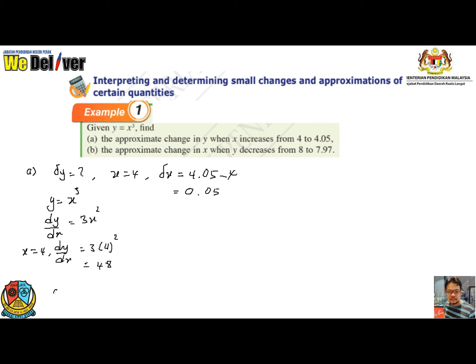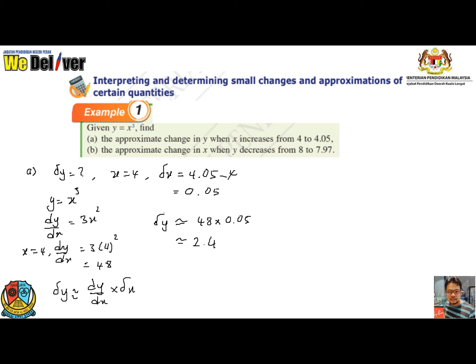To find delta y, we use the formula delta y is approximately dy over dx times delta x. So delta y is approximately 48 times 0.05. So delta y is approximately 2.4.